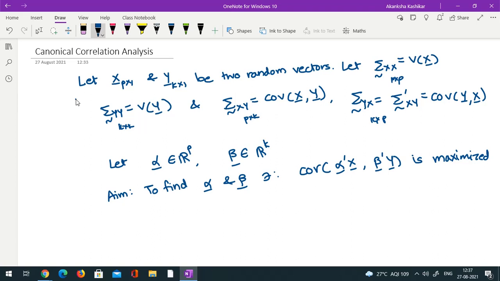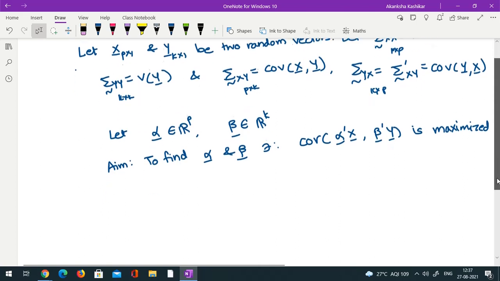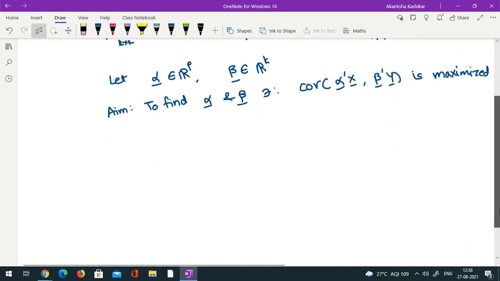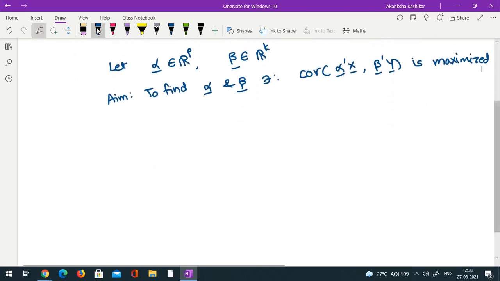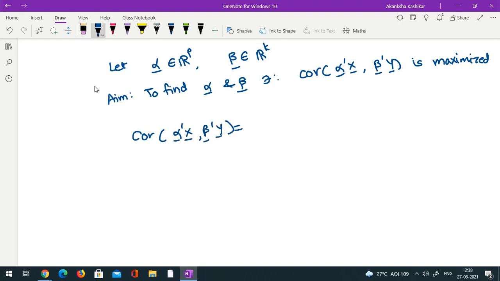So what would be correlation between alpha prime x and beta prime y? What will be the formula? How do you define correlation in general in univariate terms?